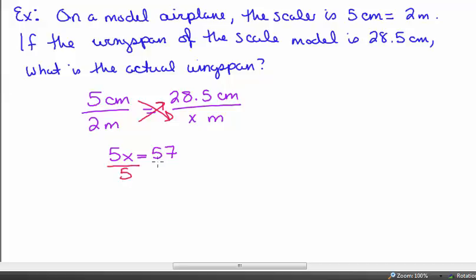I divide both sides by 5, and x is equal to 11.4 meters. Okay, and now we'll go on to the note-taking portion, and that is the end of Lesson 6.